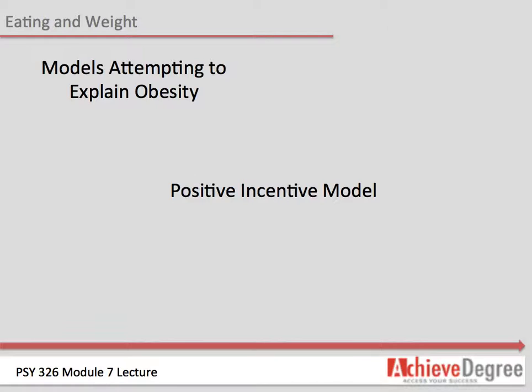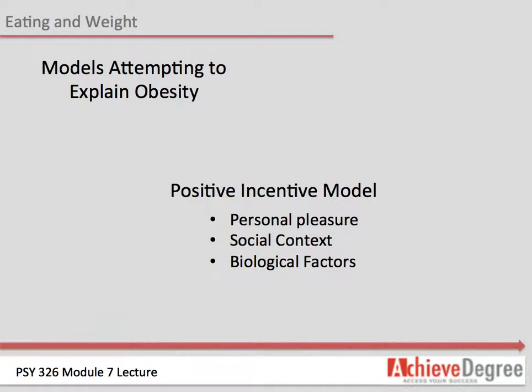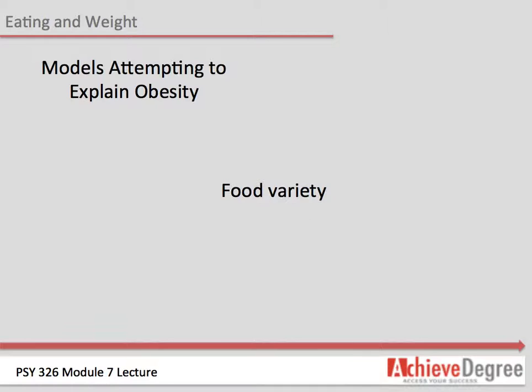Positive incentive model. The positive reinforcement of eating encourages people to eat more. Obesity is looked at in terms of personal pleasure, social context, and biological factors, such as blood glucose levels. Food variety. A greater variety leads to greater quantities consumed. If only one food is available, a moderate amount is eaten.